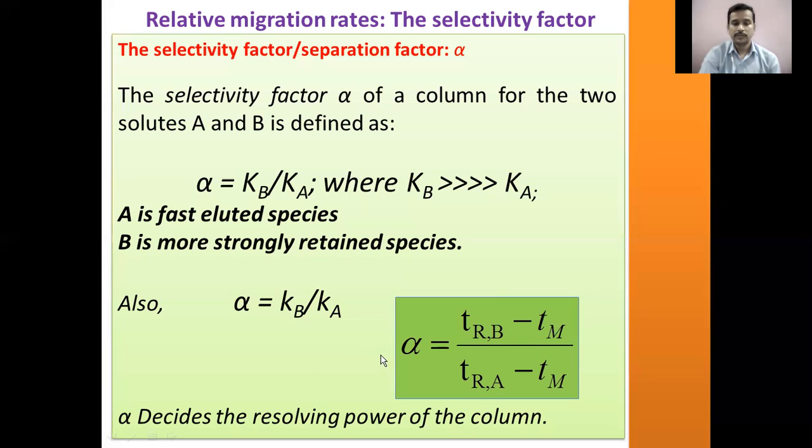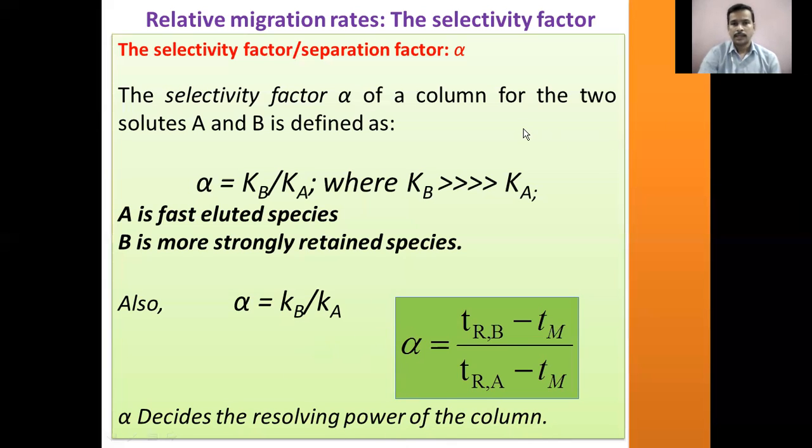So what is the use of this alpha? This alpha value gives us information about whether the column is suitable or most adequate for the separation of this pair of solutes or not. The resolving power of the column for the separation of pairs of solutes will be decided by using this value of alpha.